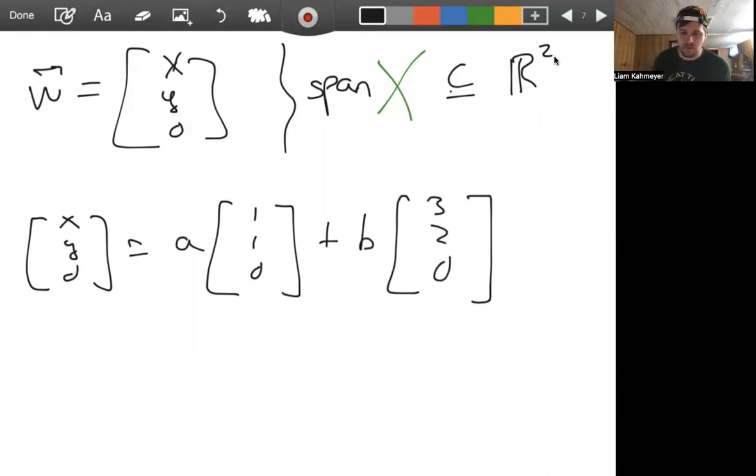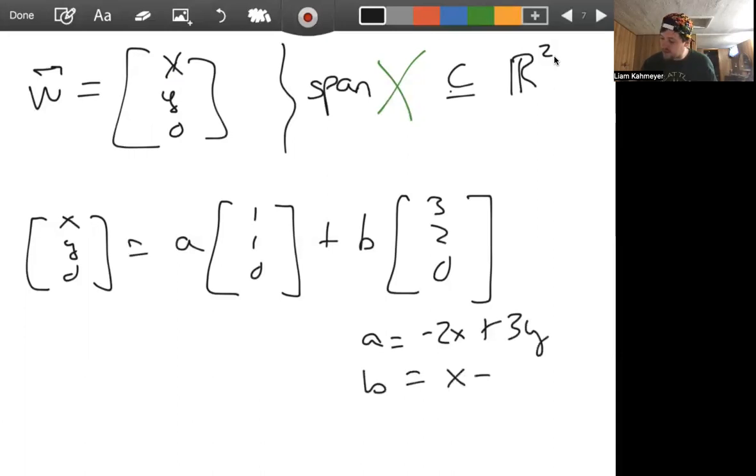We're trying to find these coefficients A and B such that we get a vector of this form. Well, if you set A equal to negative 2x plus 3y, and B equal to x minus y, you'll notice that this just gives you (x, y, 0).